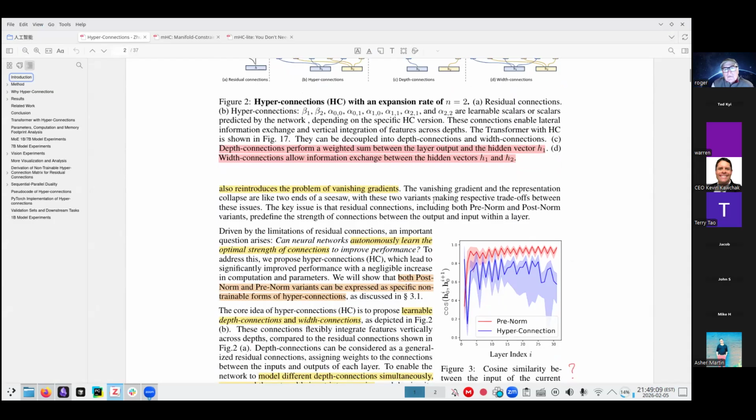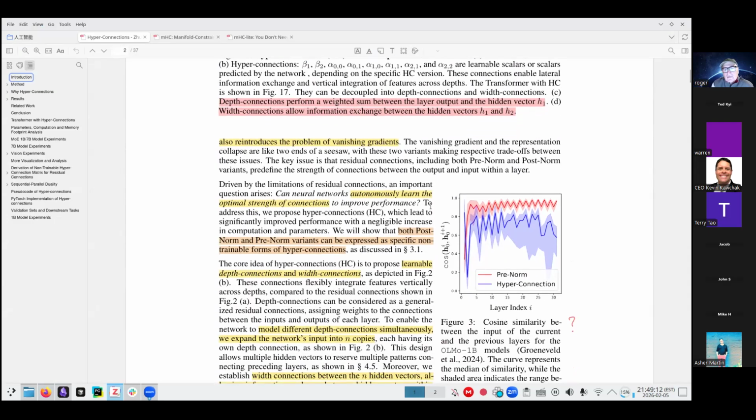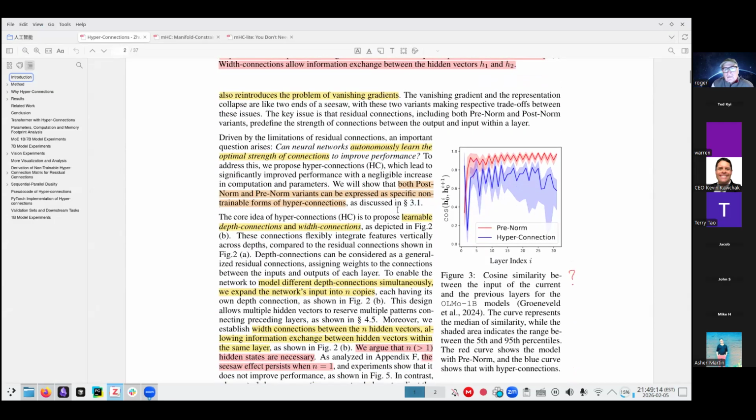We will have another good looking graph later about the hyperconnections. Given the pros and cons of pre-norm and post-norm, they ask this question: can a neural network learn the optimal strength of connections?